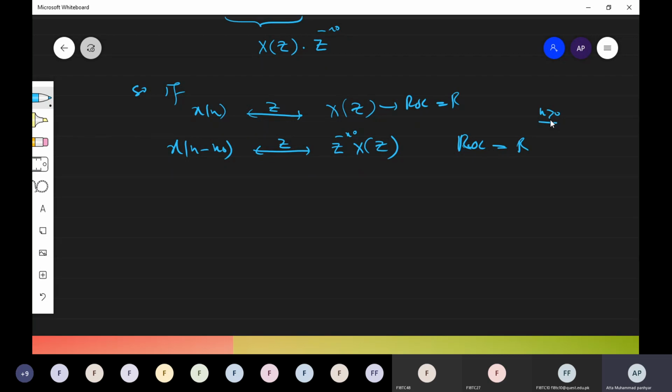But if it is less than 0, then we have to take care of the origin, because in bounded sequences, sometimes the region of convergence is the entire z plane except infinity or 0. So if the signal is shifted so much that it crosses the origin, then our limit also changes. So the region of convergence also changes, right?